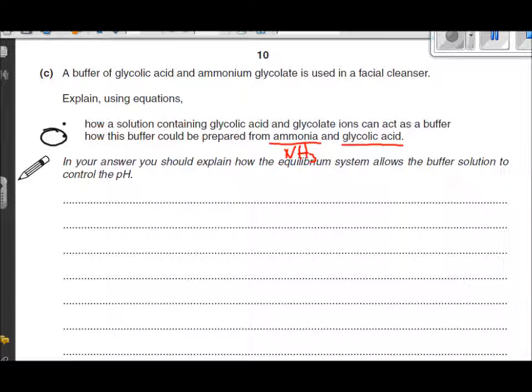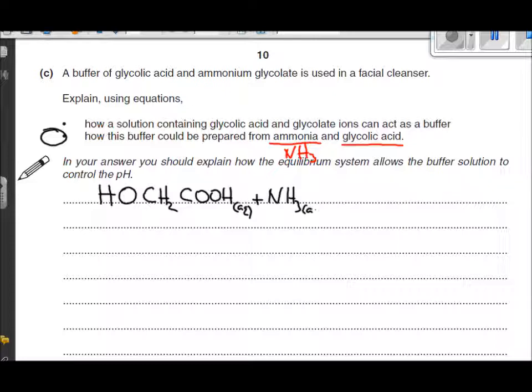So the first thing to consider is what happens when we mix and react together ammonia and glycolic acid. Now, earlier in the question, we were given the formula for glycolic acid. So it's HOCH2COOH. We're putting that into solution and we're reacting it with ammonia, NH3.